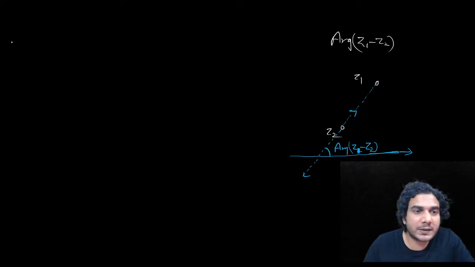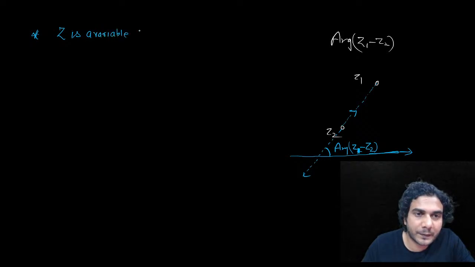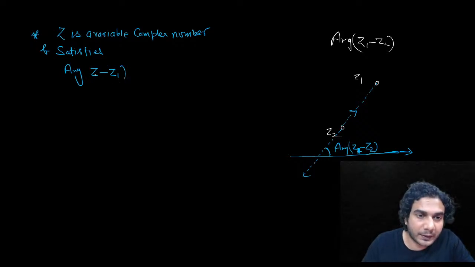So today's first locus is basically based on this. Z is a variable complex number, and it satisfies argument of z minus z1 is equal to theta.